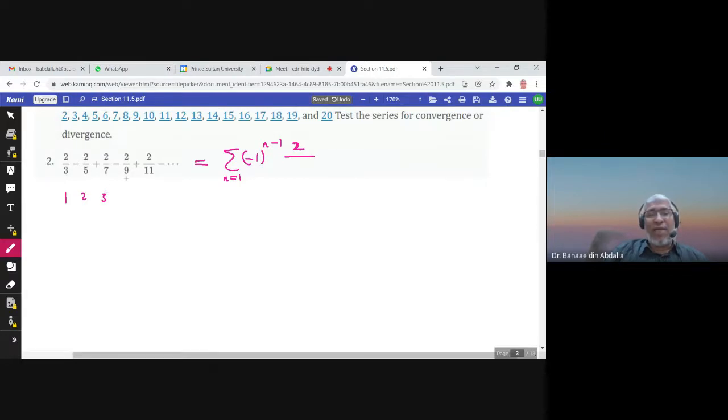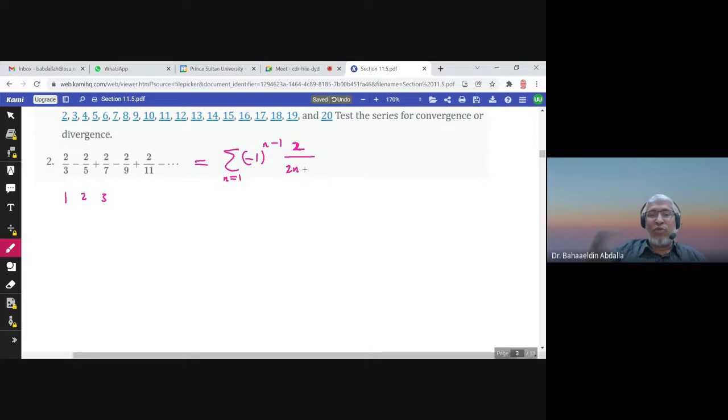So if you are adding 2, then you immediately have 2n here, maybe plus or minus something. So let us find 2n plus or minus what? Put n equal 1, I'll have 2. But the first term is not 2, it's 3.